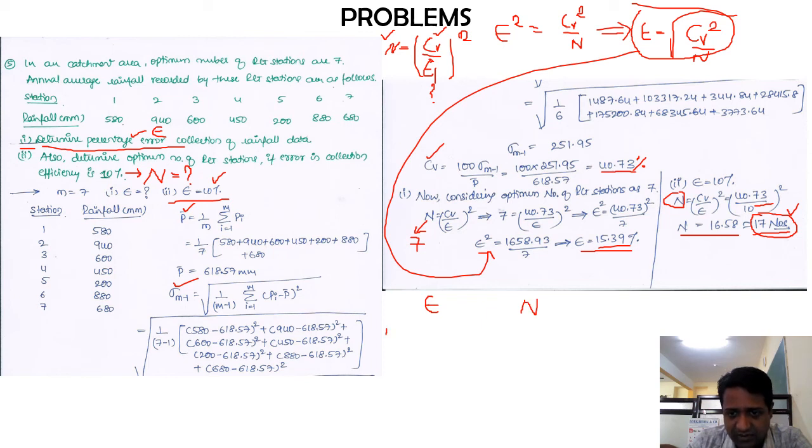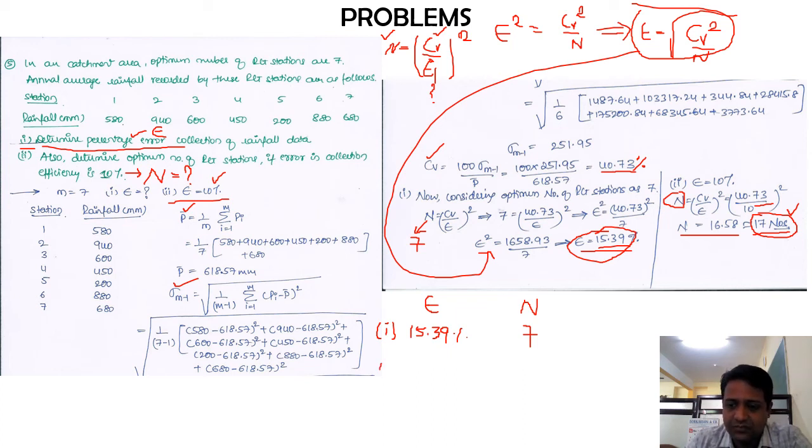For the first part, they have given the optimum number itself as 7, and with the help of the calculation, what have we got? The percentage error is how much? 15.39%. So that is nothing but your error.